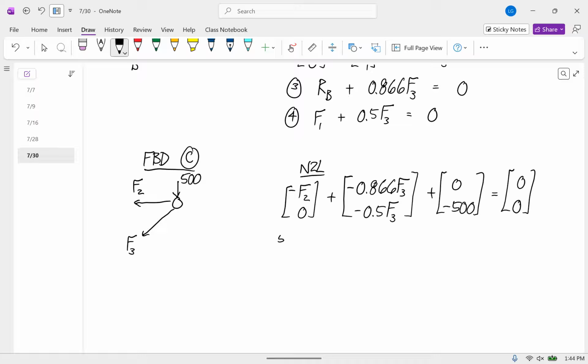And so we have a fifth equation that says negative F2 minus 0.866 F3 is equal to 0, and a sixth equation that says negative 0.5 F3 is equal to positive 500.